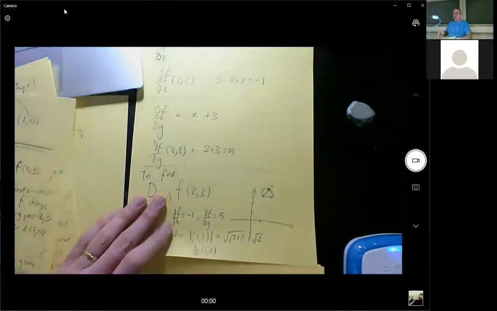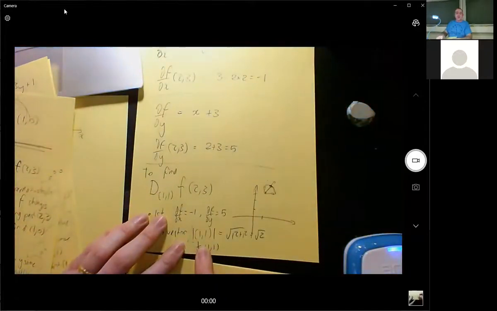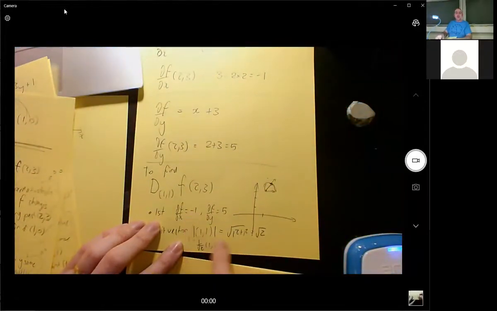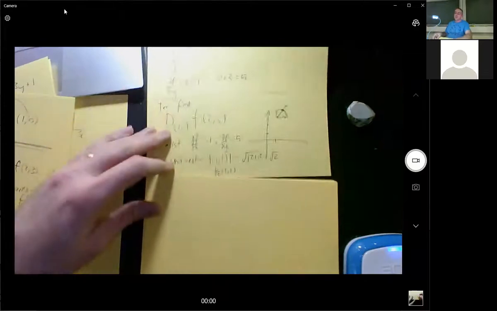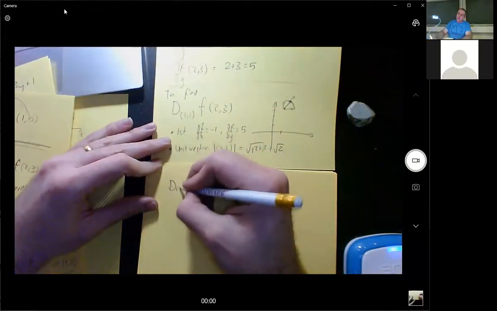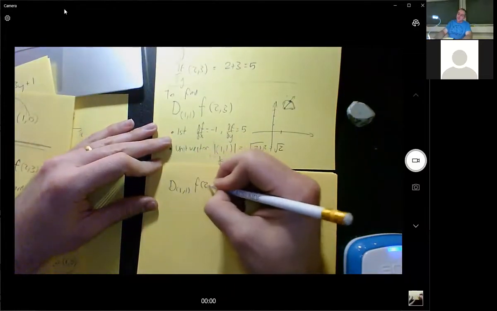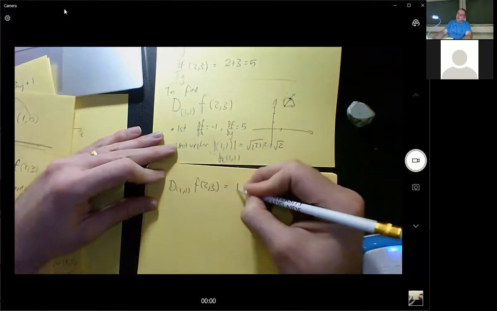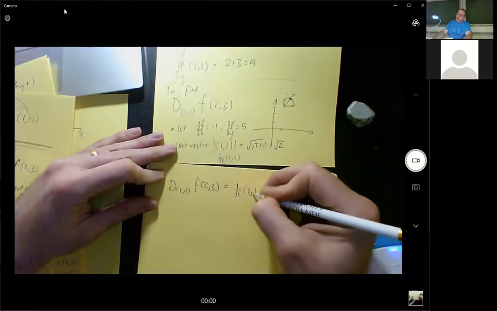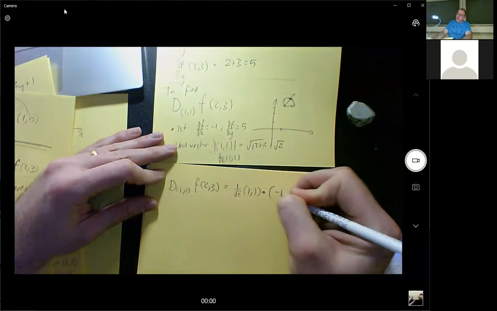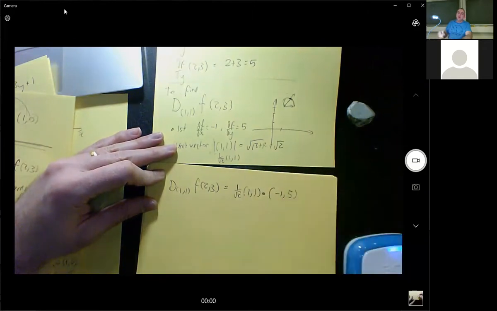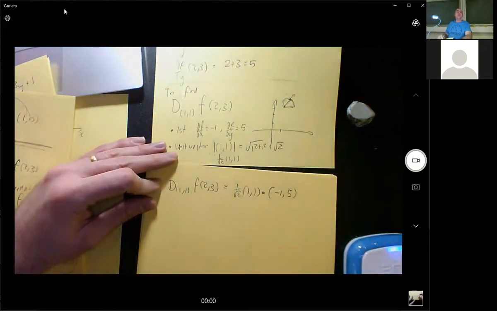And then I need to have the x coordinate amount of this value and the y coordinate amount of this value, which is the same as doing a dot product. So now the answer is the unit vector dotted with the vector made of the two derivatives.